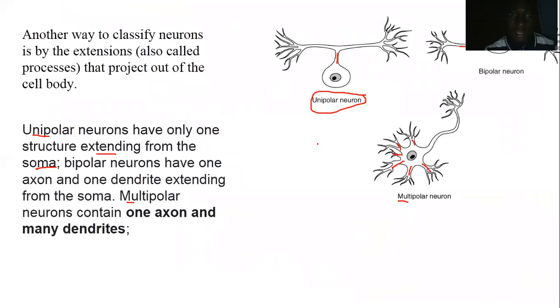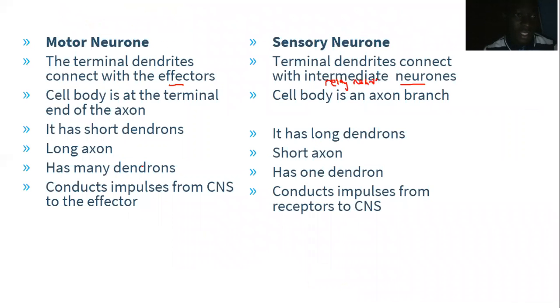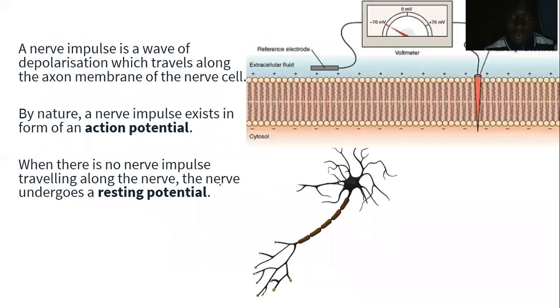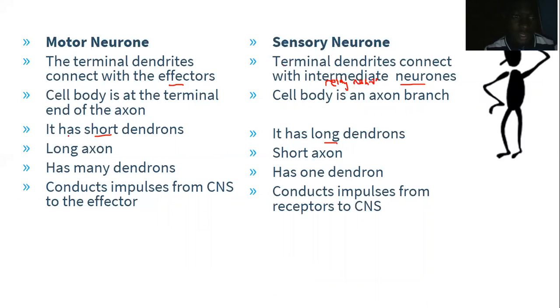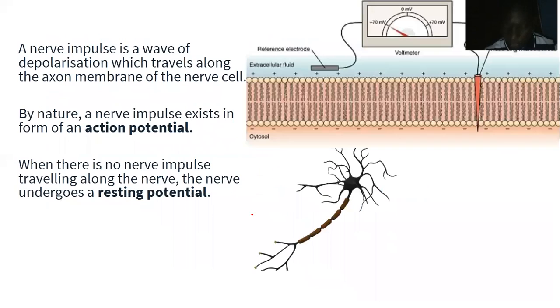So those are some of the differences. And then the sensory neuron has a long dendron, and I think you saw it, and also the motor neuron has many dendrons. This one has one dendron. So these are the differences that we have just looked at.